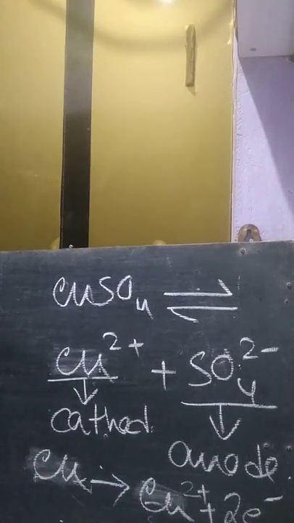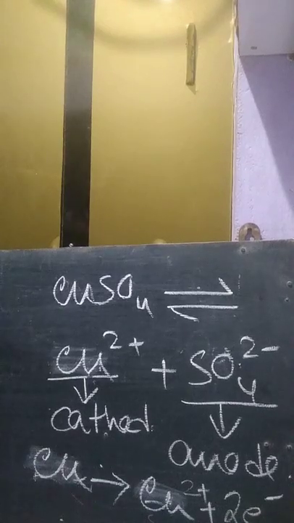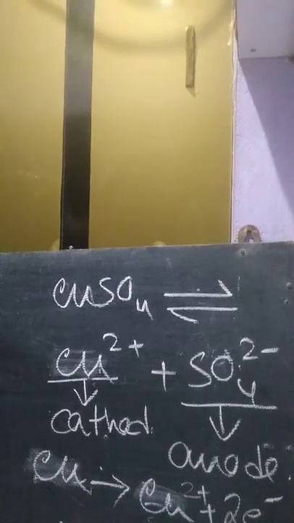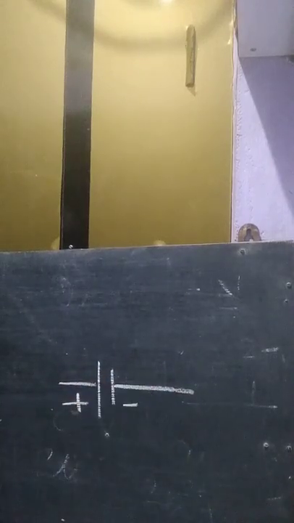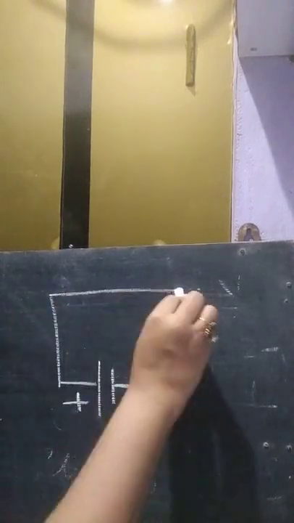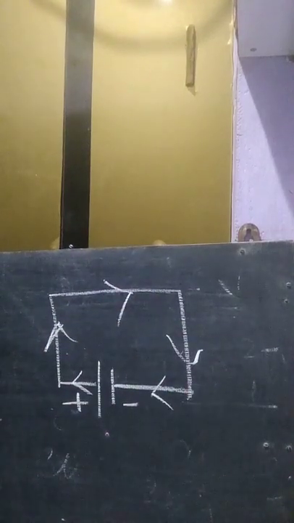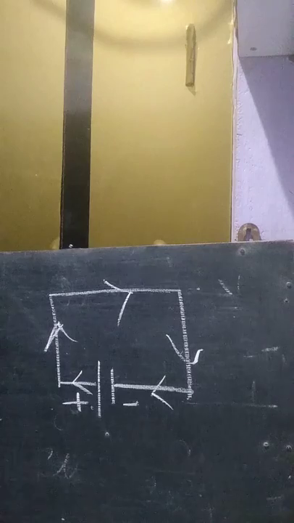Now, current always flows from cathode to anode through the external circuit. If a battery or cell is there, with positive and negative, it always flows from positive to negative in this direction, that is from cathode to anode.